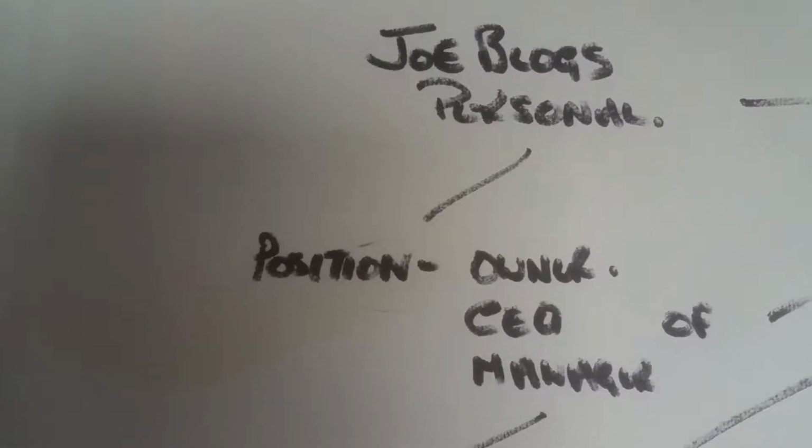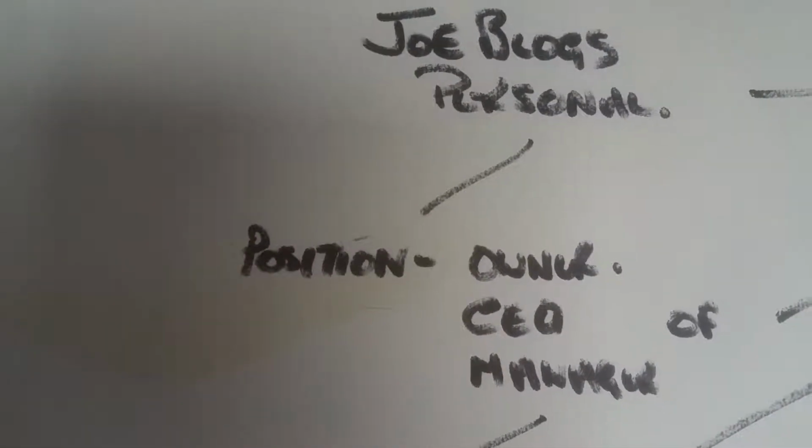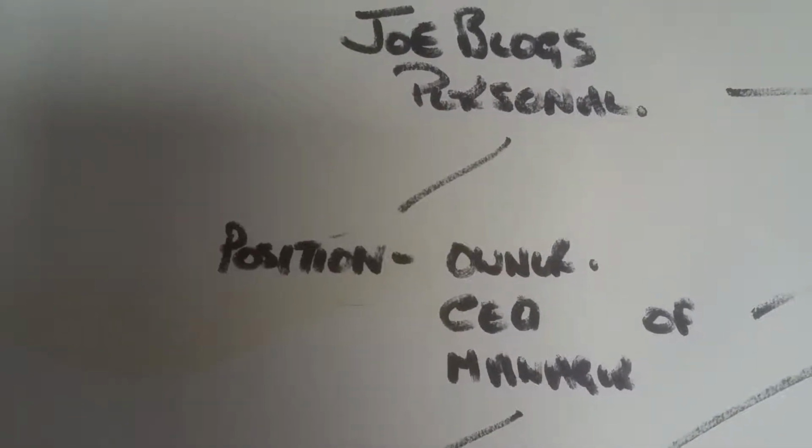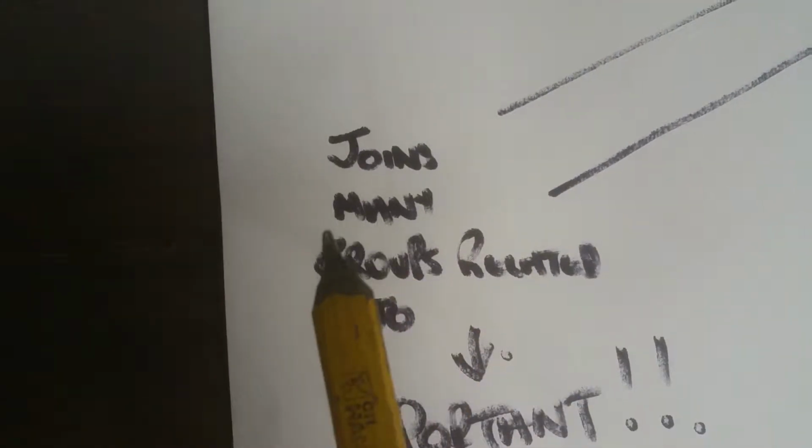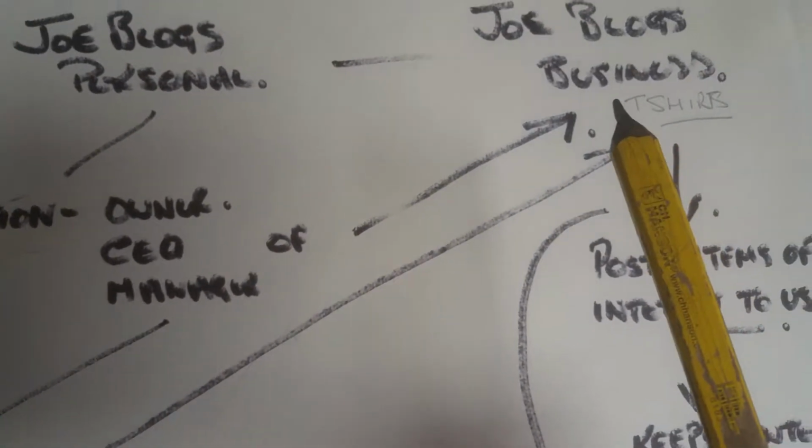So Joe Bloggs fills out all his details on his own personal site showing that he's the owner of this business, and then what he does is he goes off and he joins as many groups as possible that are related to his business.